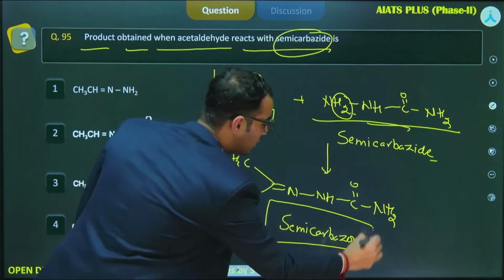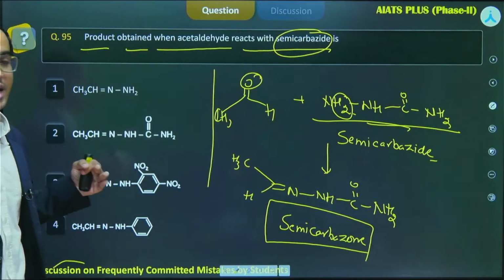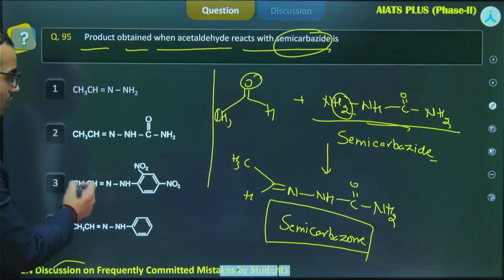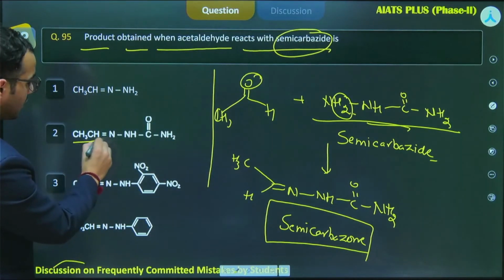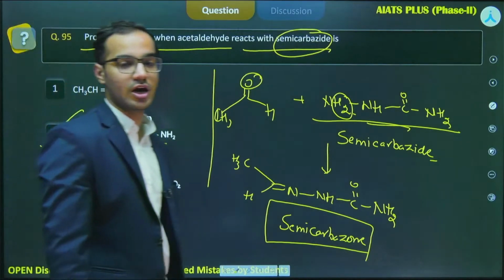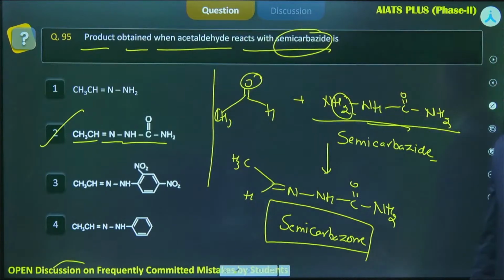This is the final product. You can expect it from this reaction. So let us check which option clearly suggests this. This is CH3CH=N-NHCONH2. This is clearly a perfect answer. I hope this is clear to you all.